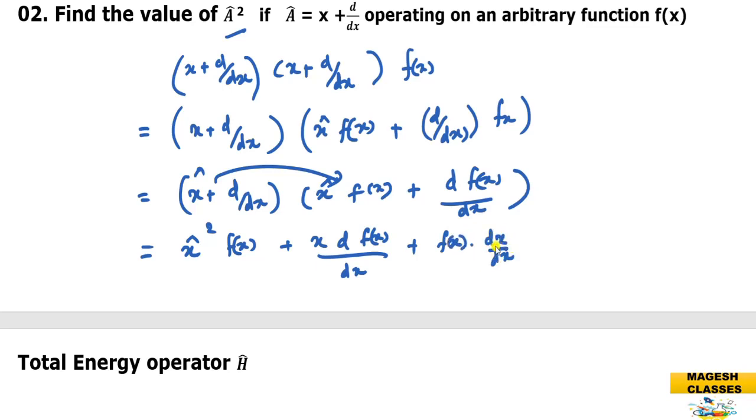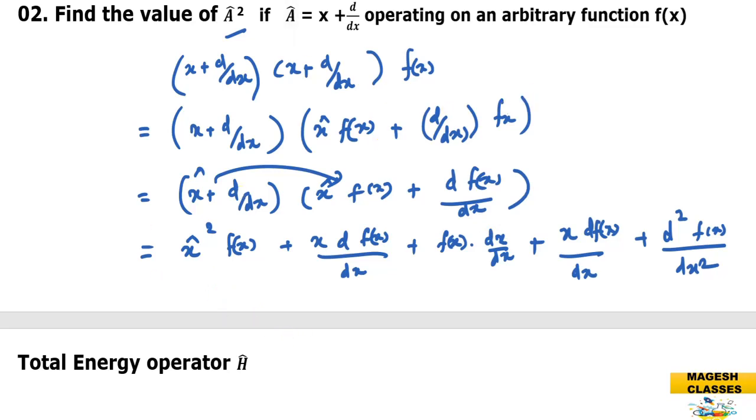So this will be 1 plus 2x df of x by dx plus d square f of x by dx square. Then there are 2x df, so it will be 2 times.